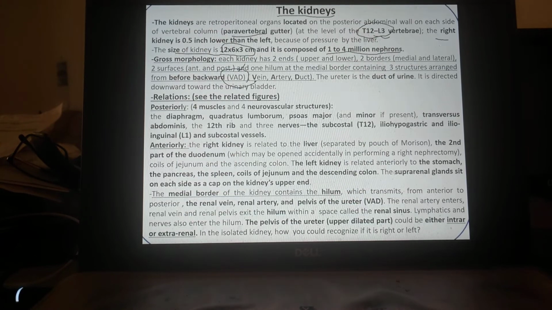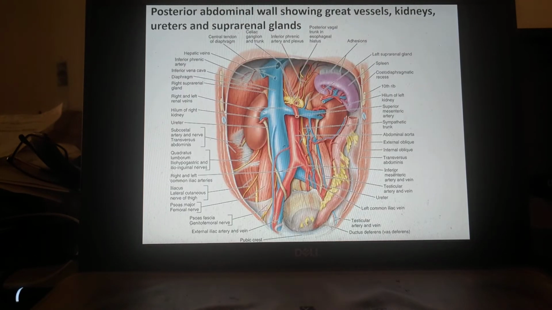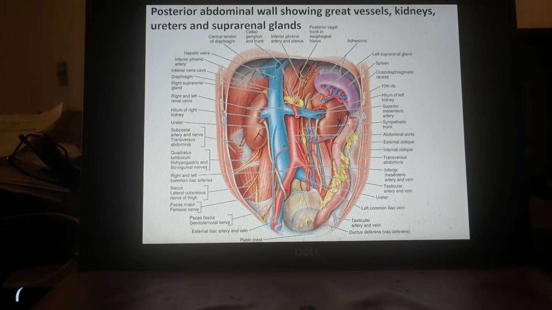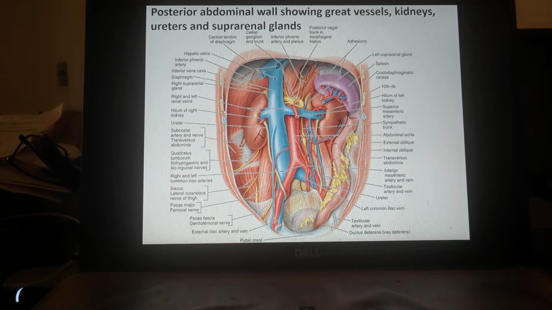Let's go back again to the relationships. Here's the kidney, right and left, but the posterior relations of both kidneys are the same. Posterior relations of both kidneys are structures deep to them, the neurovascular structures and the muscles of the posterior abdominal wall.